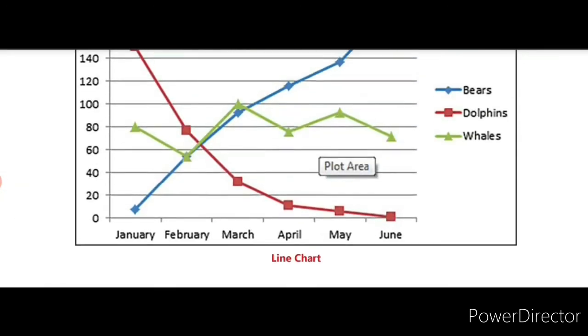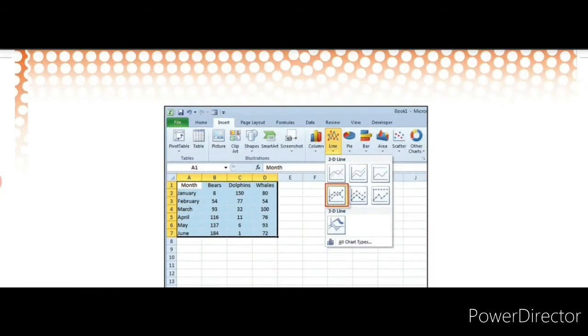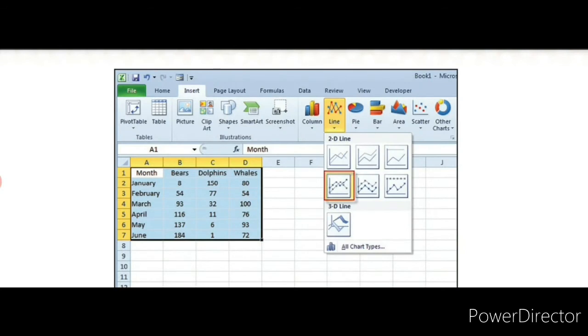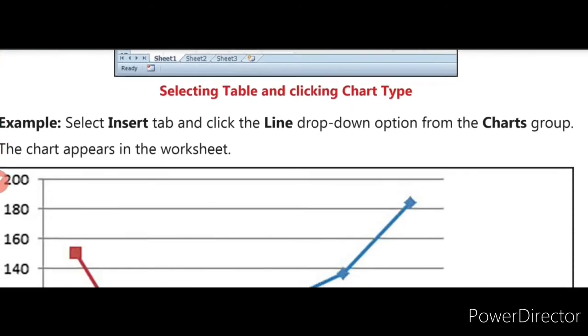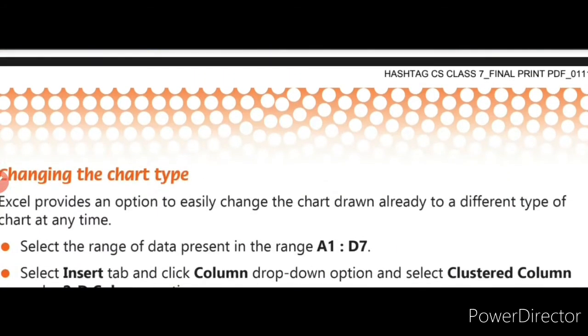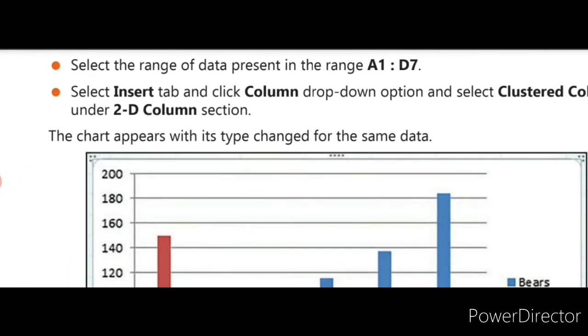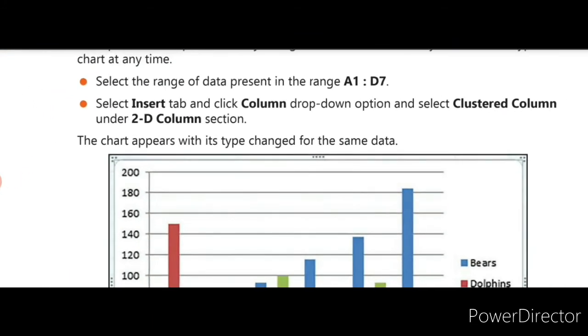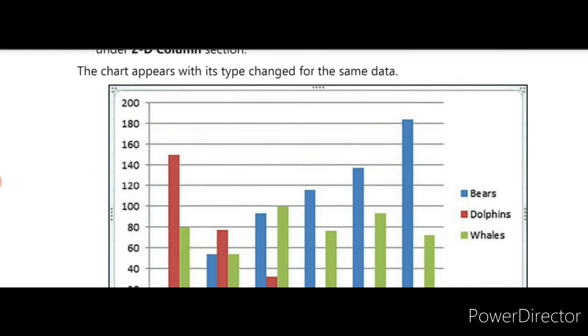See this window, first we have selected line chart. Now we are going to select the column option. From that under the 2D section, click clustered 2D column chart. So the chart appears with its type changed for the same data.